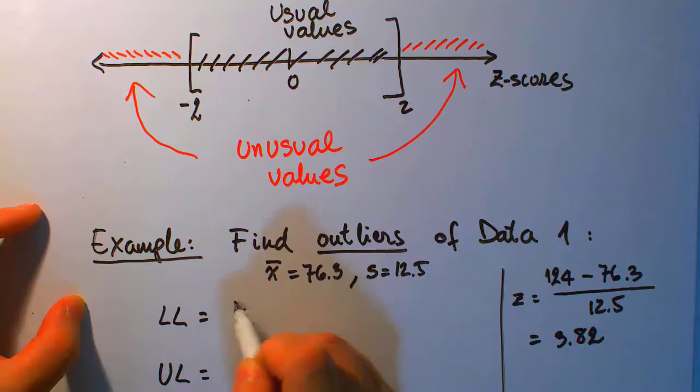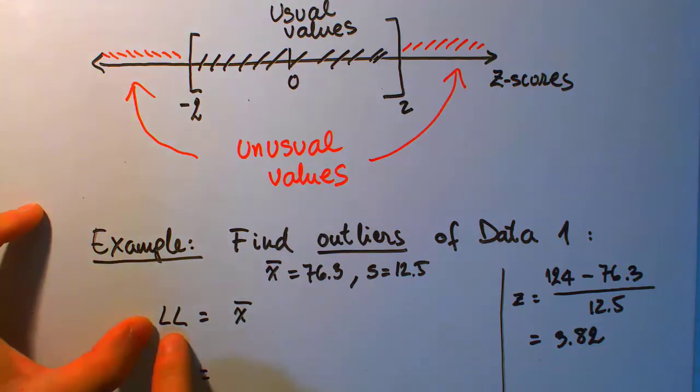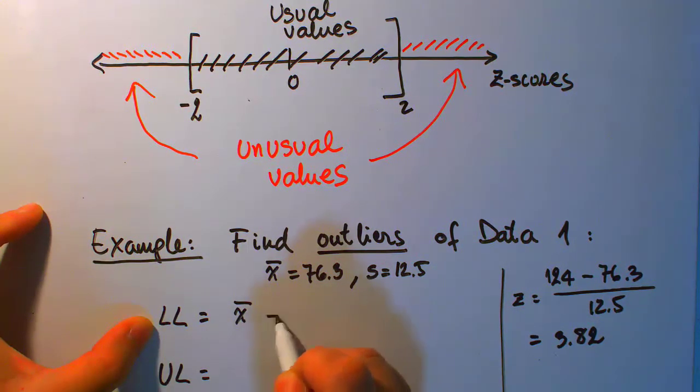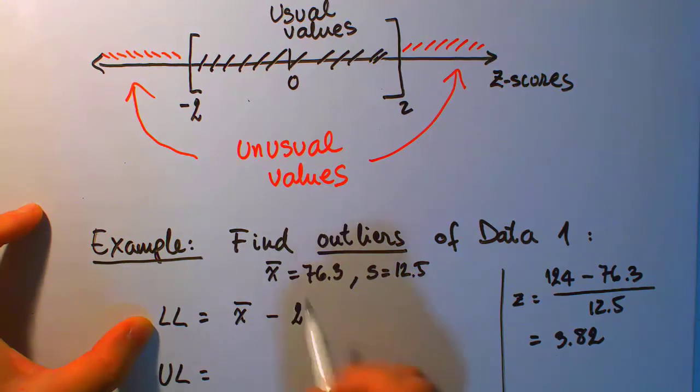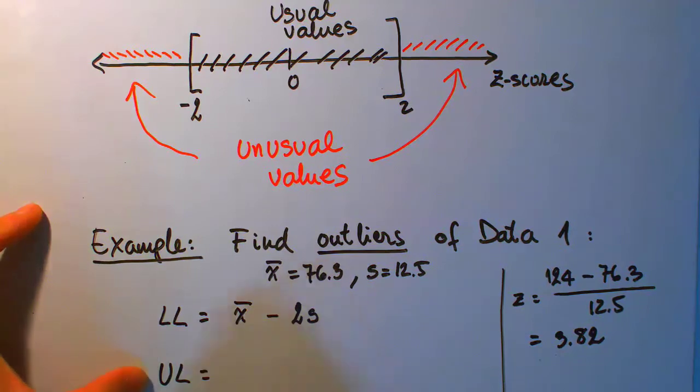The general rule is to find the lower limit, we go mean value subtract 2 times the standard deviation. And then the upper limit is from where the mean value is, we're going to add 2 times the standard deviation.